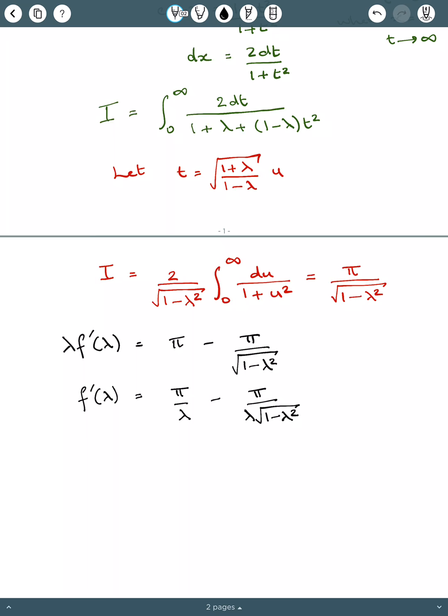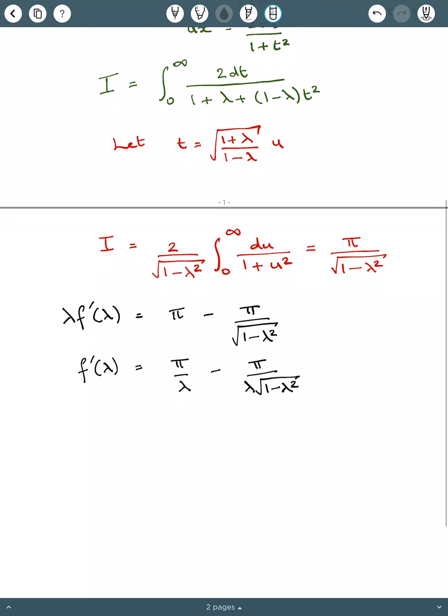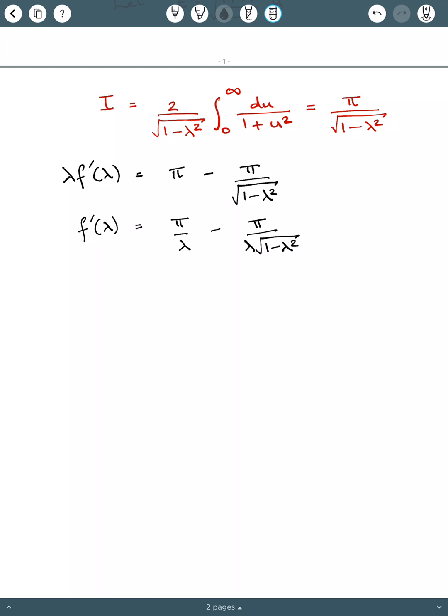Okay, and we're trying to find f, so we need to integrate. Okay, here we simply get log lambda, or maybe I should use natural log because I used it before. Natural log of lambda minus this integral here.